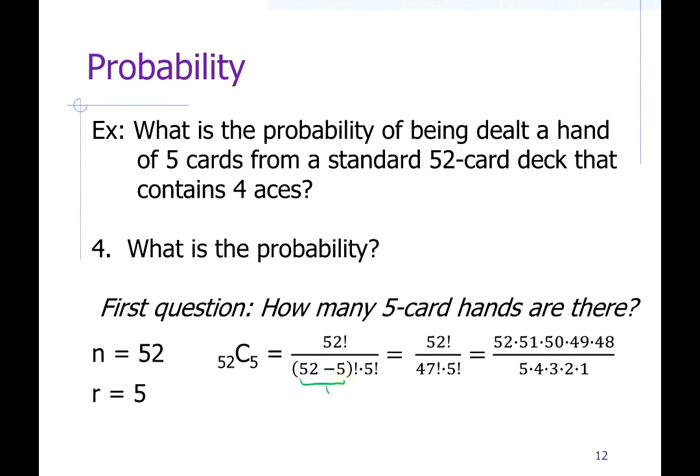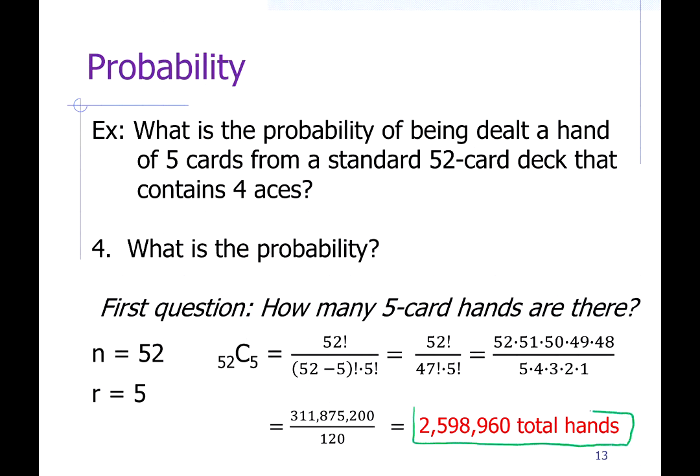Okay, 52 minus 5 is 47, and the numbers 1 through 47 on the bottom will cancel off the 1 through 47 on top, leaving us with 52 times 51 times 50 times 49 times 48 divided by 5 times 4 times 3 times 2 times 1. And once we pop this into the calculator, you'll see 2,598,960 possible poker hands.